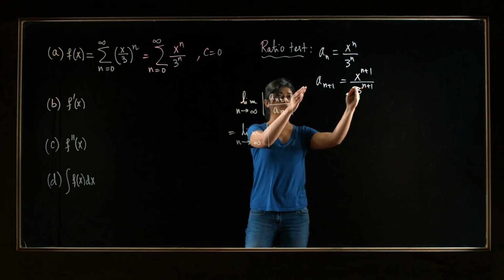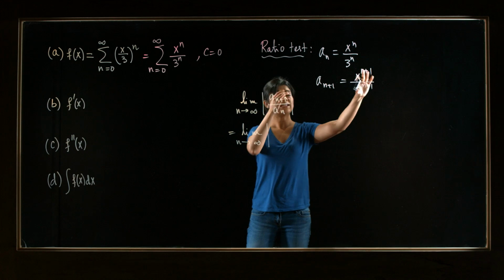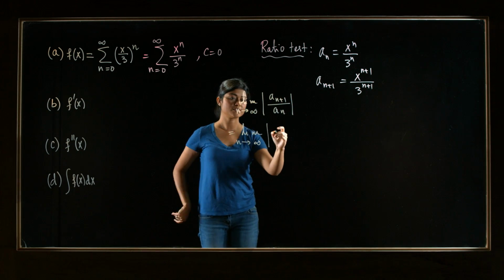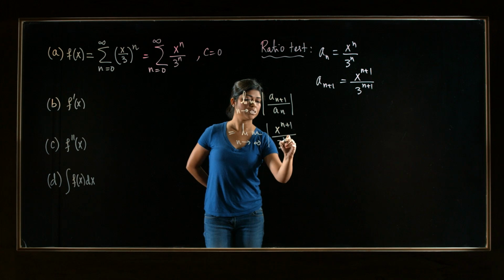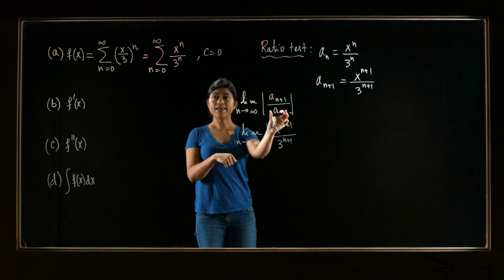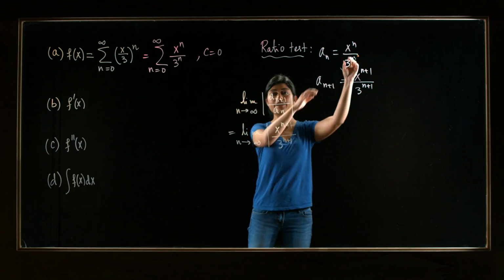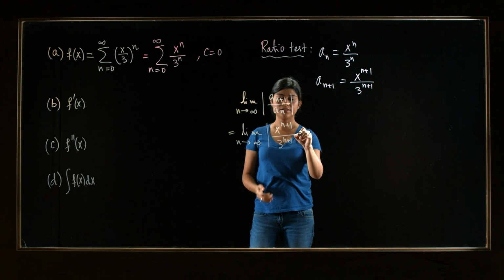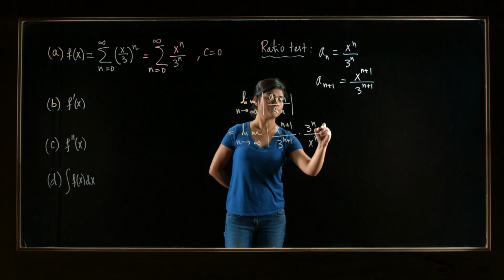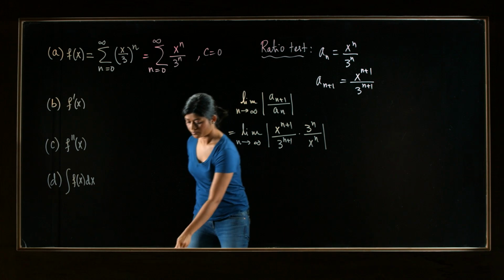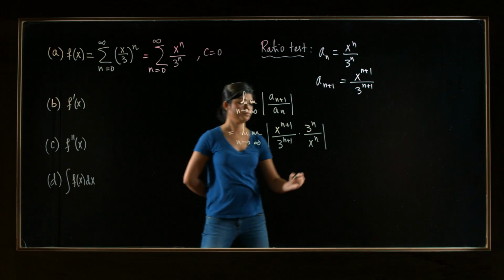Now a_(n+1) is in the numerator, so that fraction you keep as it is. So this is x to the n plus 1 over 3 to the n plus 1. And then a_n is in the denominator, so that fraction will be flipped and multiplied. So it will be 3 to the n over x to the n.